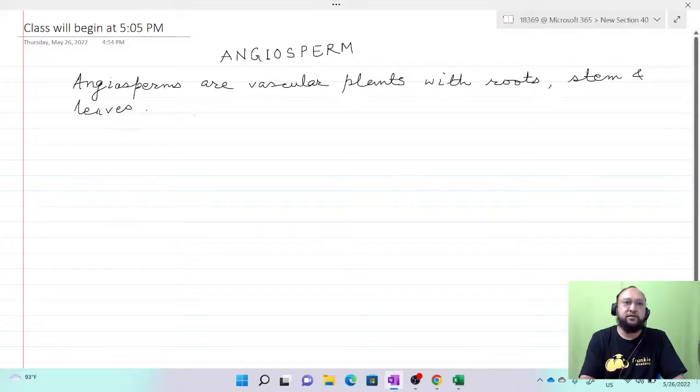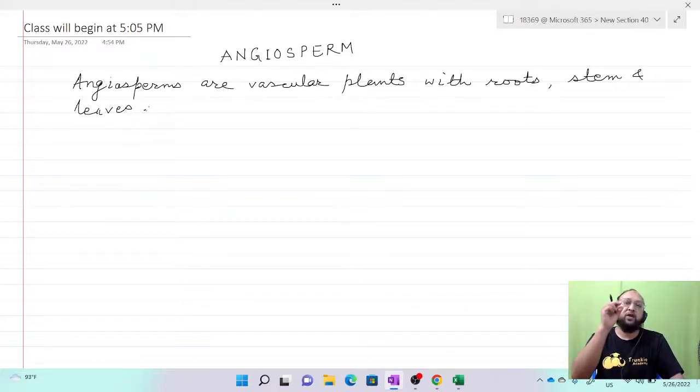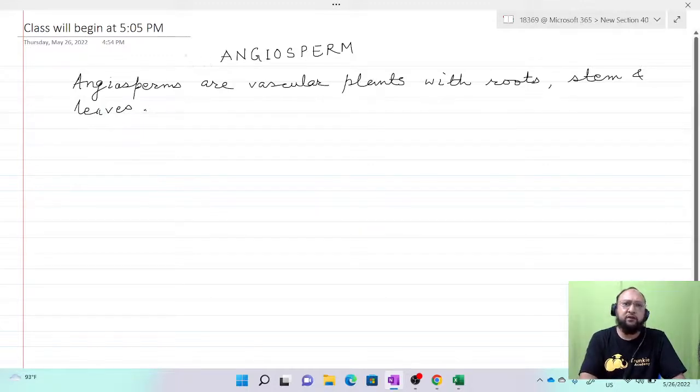Seeds of angiosperms are found in a flower. So when the flower is fertilized and changes to fruit, the seeds will be found within the fruit. So seeds of the angiosperm are found in the flower.